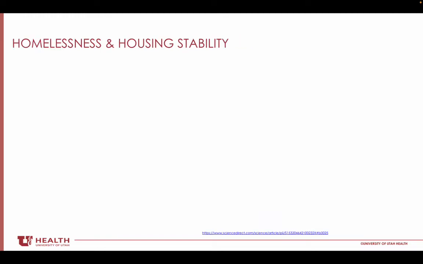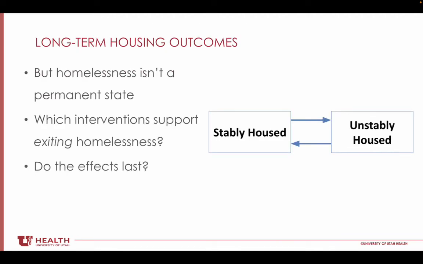And so there are a lot of projects looking at social determinants of health, especially homelessness and housing instability. Here are a few examples. One challenge with looking at homelessness is that it's not a permanent state. People can go in and out of stable housing. They can be stably housed for a long period of time and then have a short period of unstable housing, or vice versa.